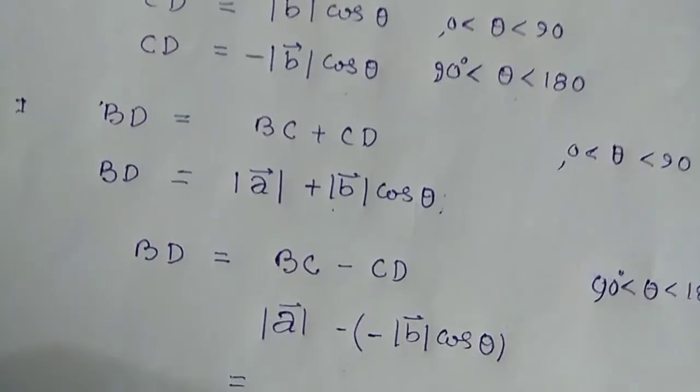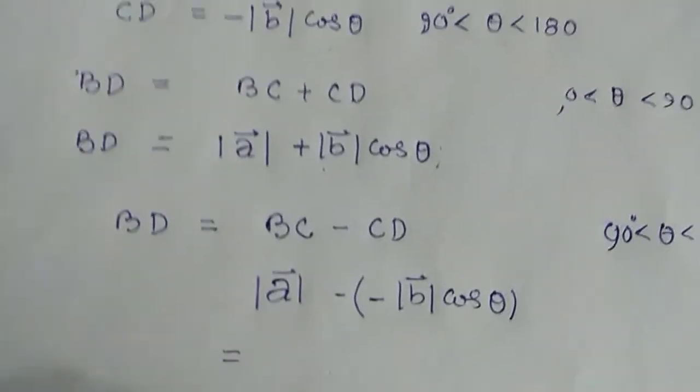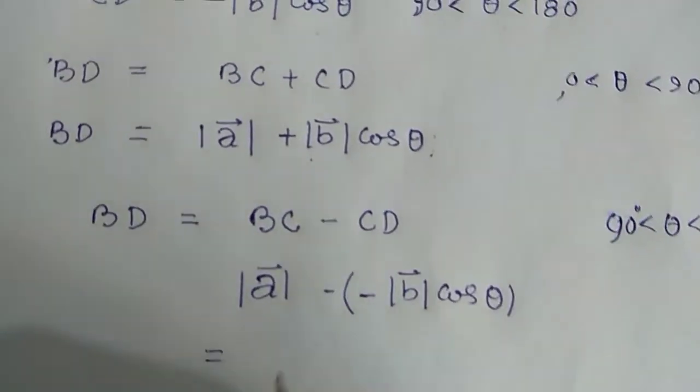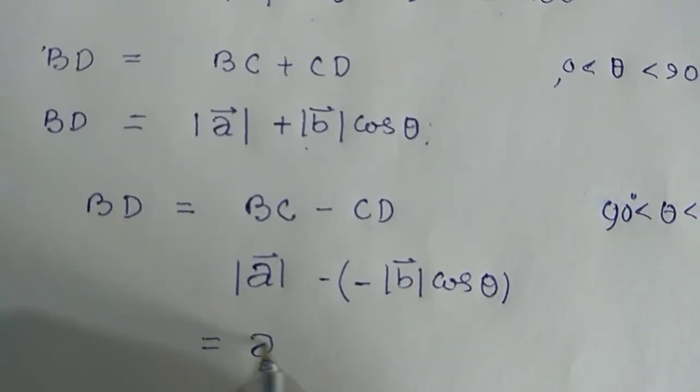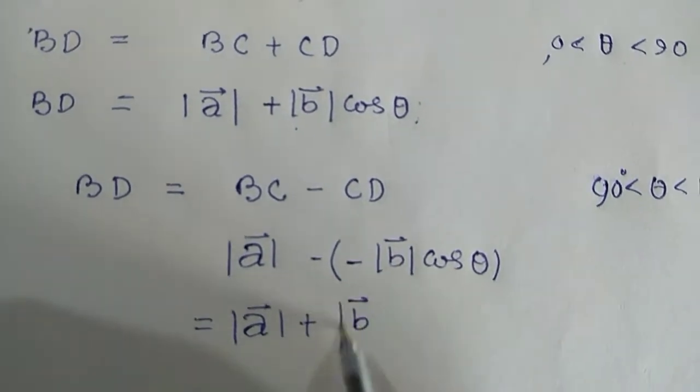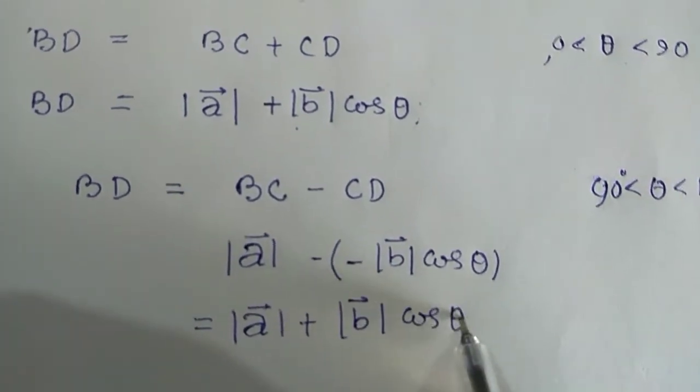Clearly, the mod of A plus the modulus of B cos of theta.